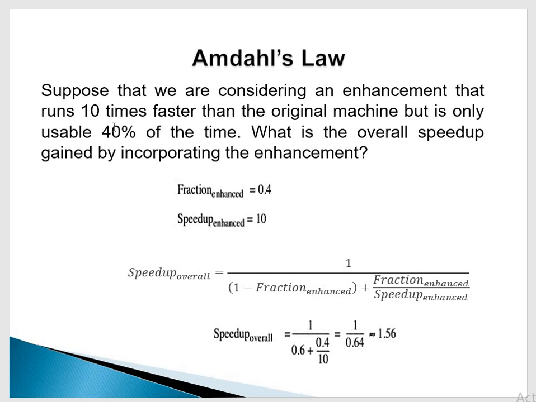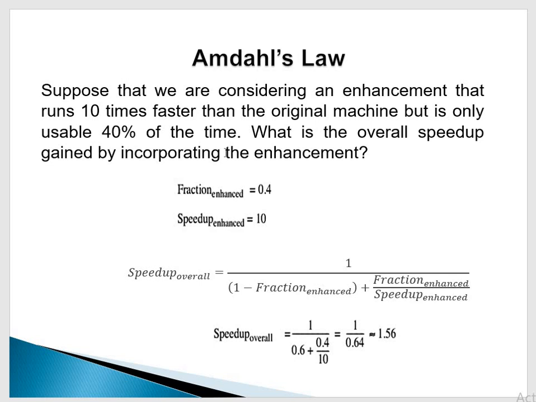The improvement we made in that 40% of the total time gives us a speed 10 times faster than the original machine, but it was only for 40% of the time.